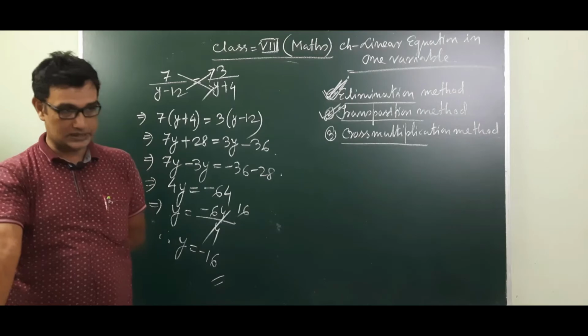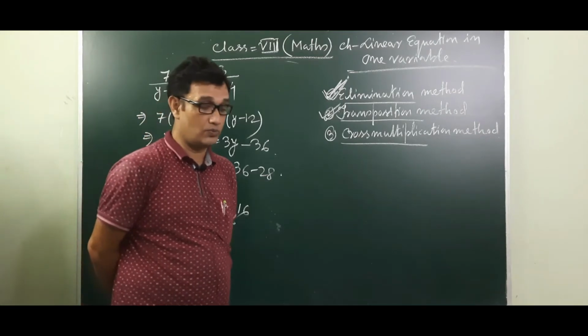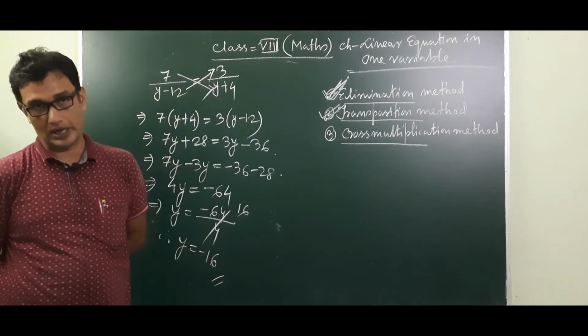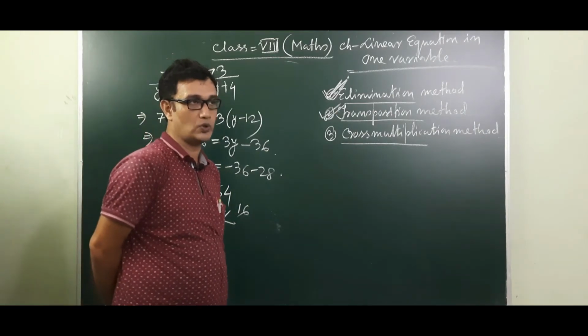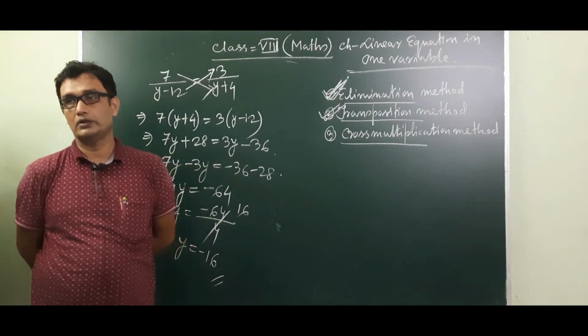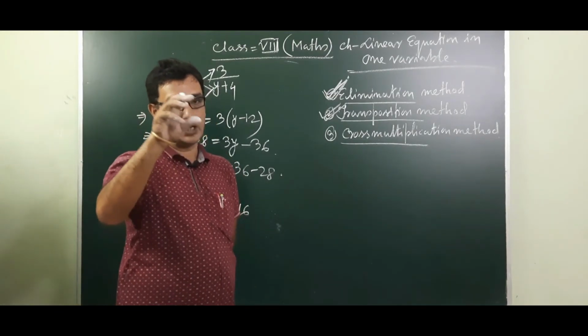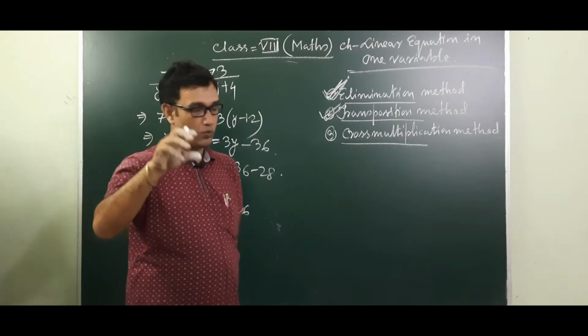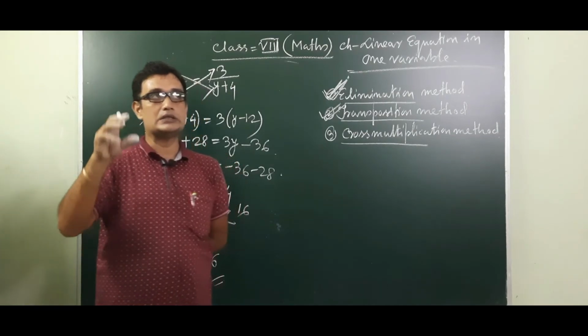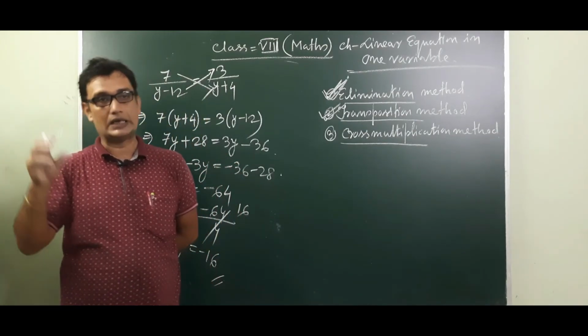Then in the next exercise in your book, you will get language questions. When you get a language question, first you read the question carefully, then you just try to make the linear equation form, and when you get the linear equation form, then easily you can solve it by using any method.